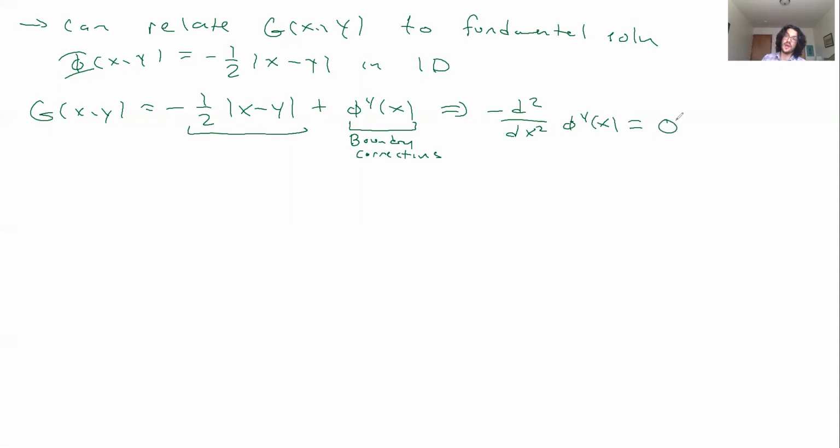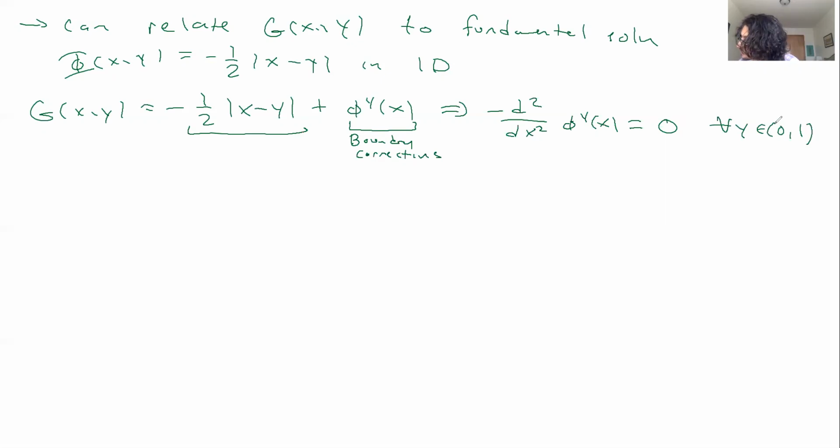So we want this boundary correction term to satisfy the homogeneous version of our equation for all y that live in 0 to 1, okay?